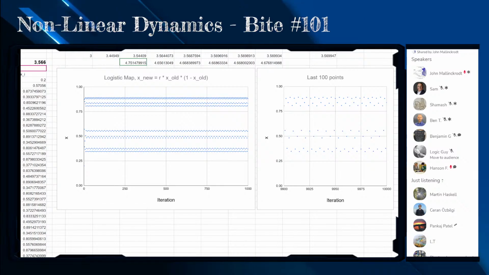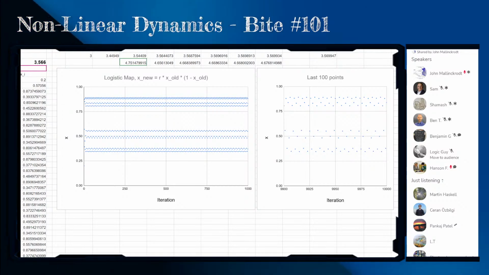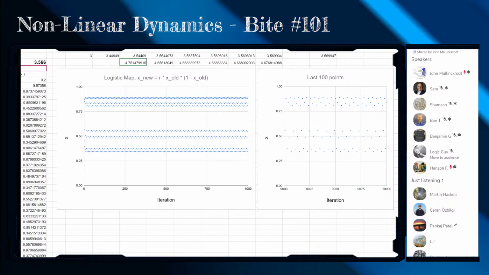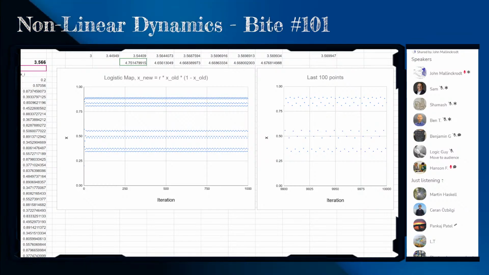For R greater than 3 but less than 3.4 or whatever that was, there are 2 fixed points. You see that one fixed point splitting into 2, and then at 3.44 or something it splits into 4, and then at 3.5 something it splits into 8, and the splitting now happens more and more quickly with smaller amplitudes, so that you really can't even see in this graph what happens in going from 2 to 4 to 8 to 16.